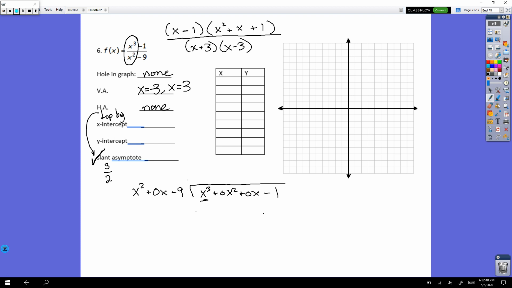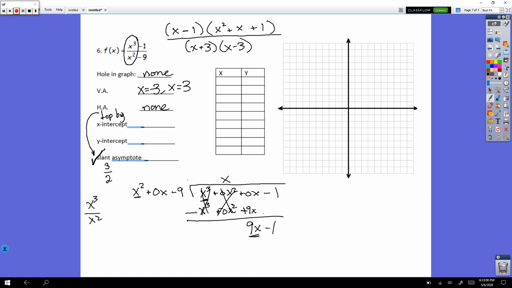So, first term divided by first term leaves me with x. Distribute, we get x to the 3rd, 0x squared, minus 9x. Flip your signs. Cancels, cancels, we're left with a 9x minus 1.